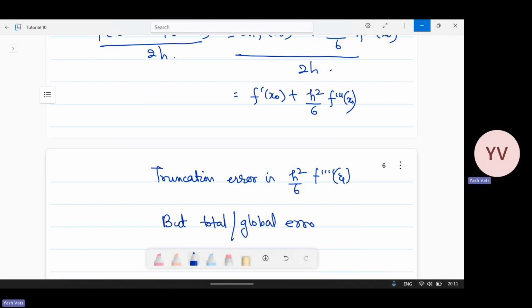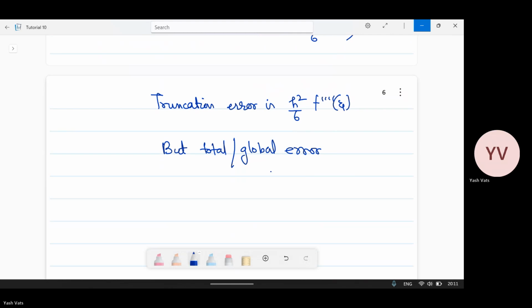Global error is n times h squared by 6. n h is basically some number k, like the length b minus a.